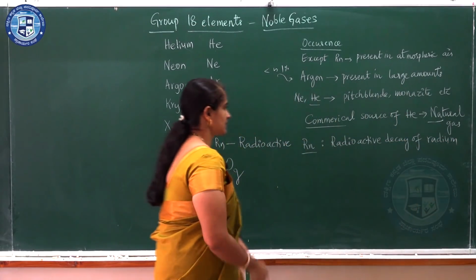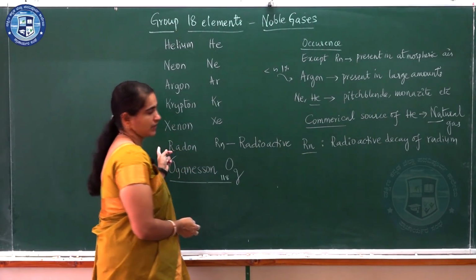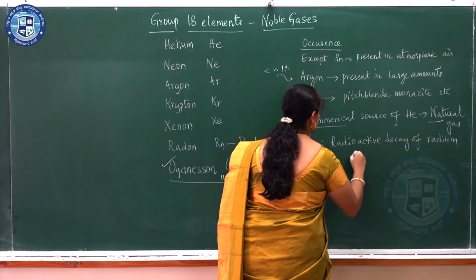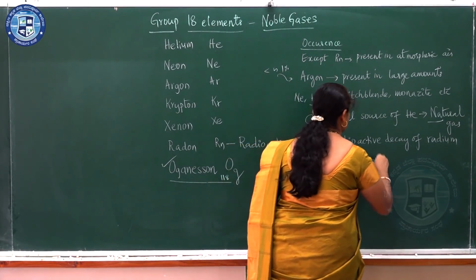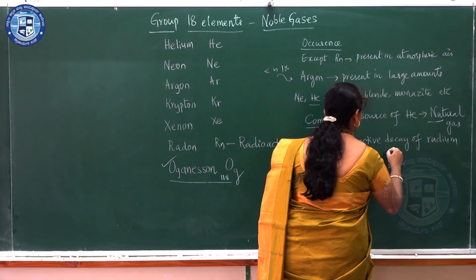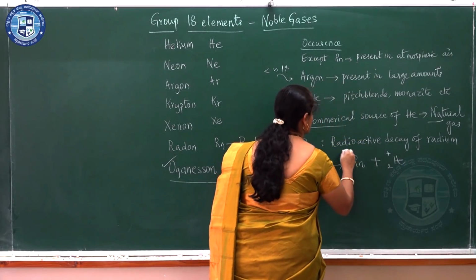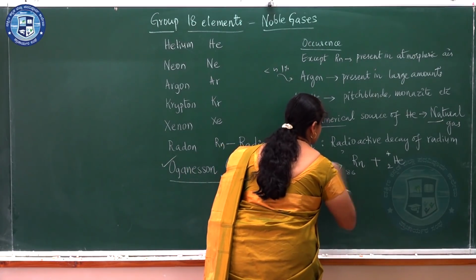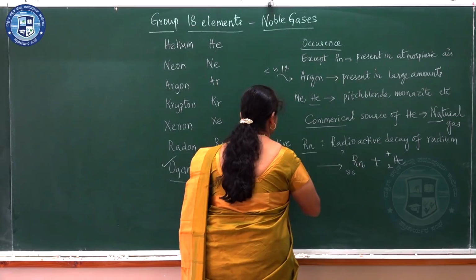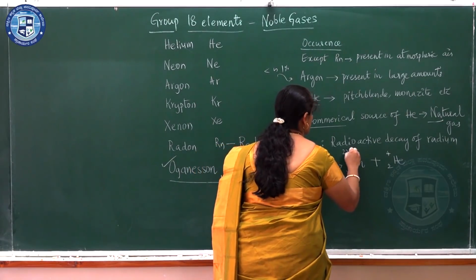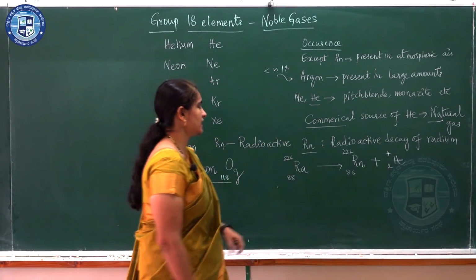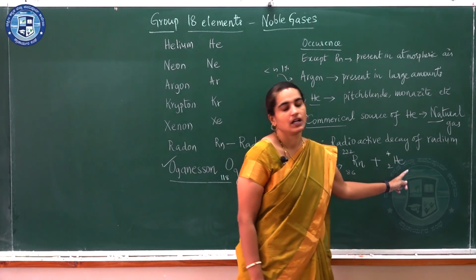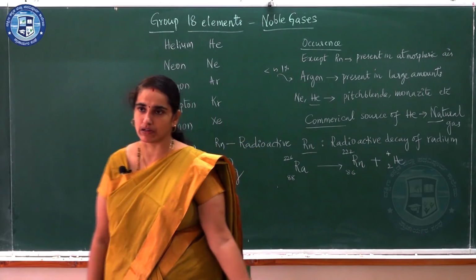Radium, Ra, is the element which comes next to radon. Radium undergoes decay to end up with radon and helium, with mass numbers 226 and 222 and atomic numbers 88 and 86. So radioactive decay of radium ends up with radon with the emission of an alpha nucleus.